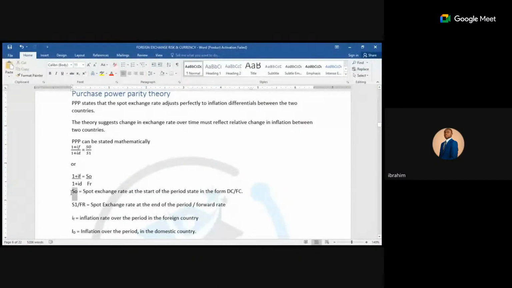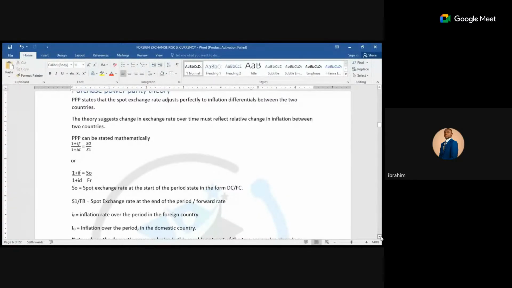S0 is the spot exchange rate. Where S1 or FR represents the spot exchange rate at the end of the period, or the forward rate.